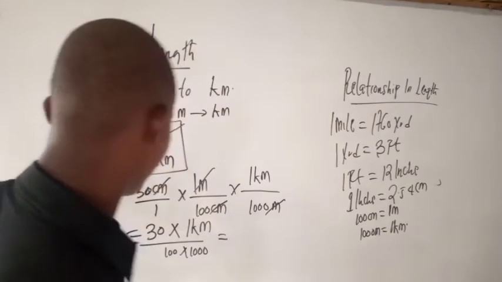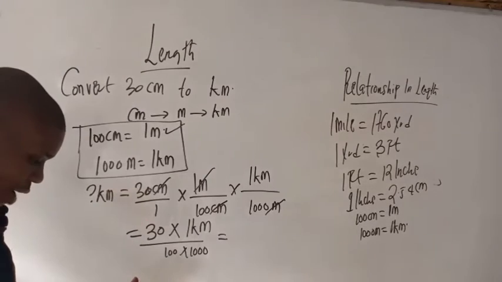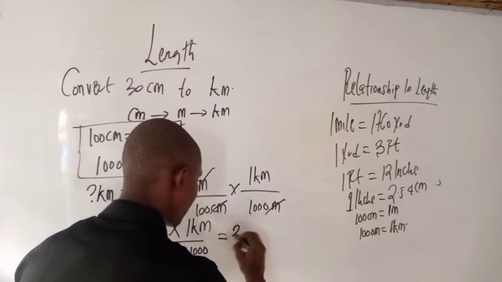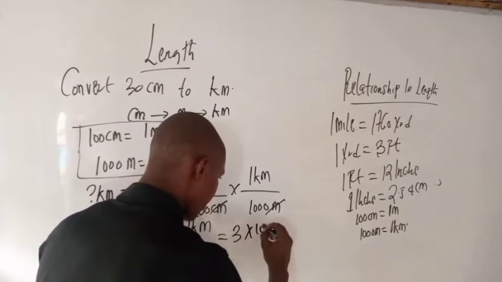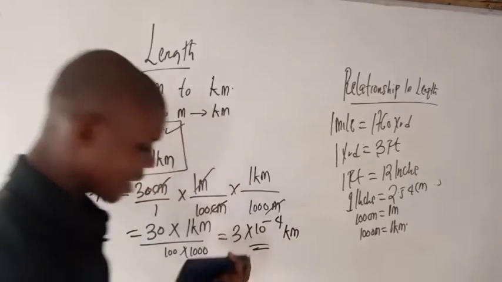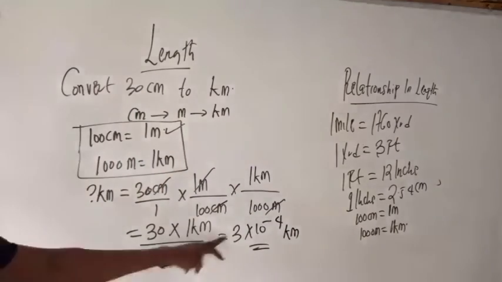Now let's push our calculator: 30 divided by 1000 gives 3 exponential minus 4 kilometer. That is the calculation.